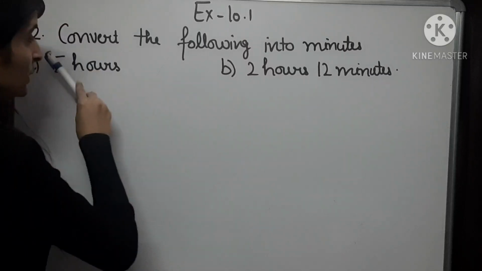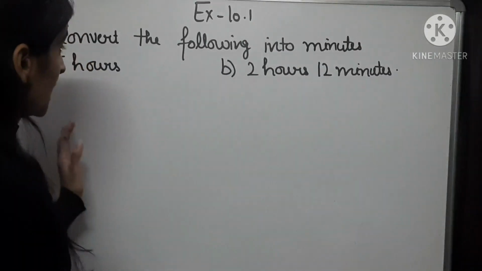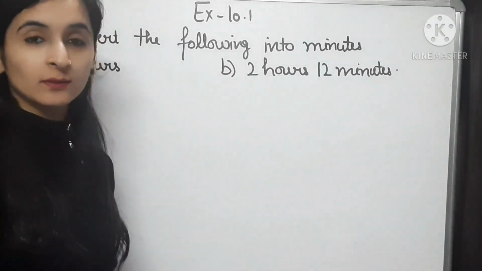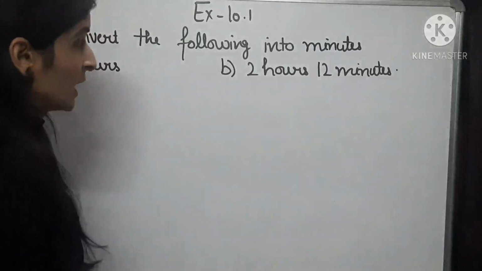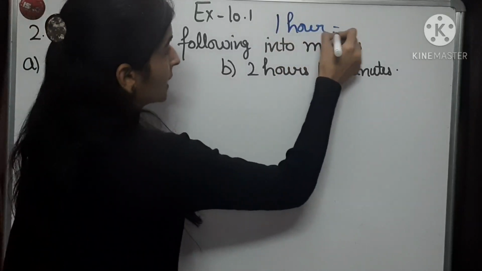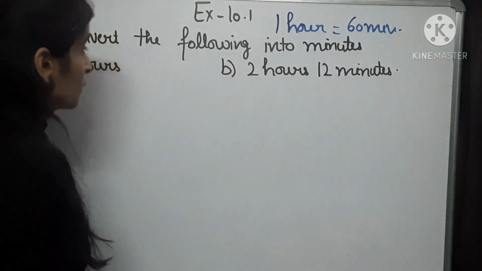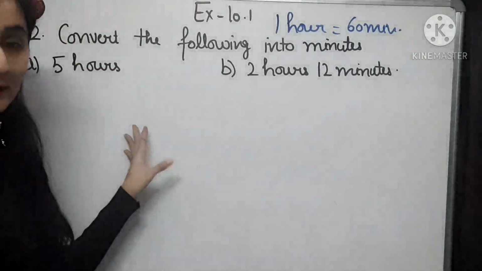After that, question number 2 is, convert the following into minutes. Here we have given in hours and minutes, and we have to convert into minutes. So as we all know, there are 60 minutes in 1 hour. So here, first of all, we will solve A part.